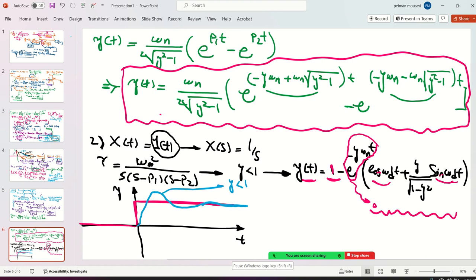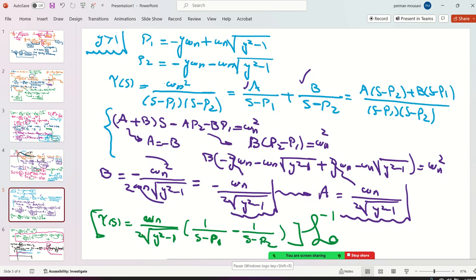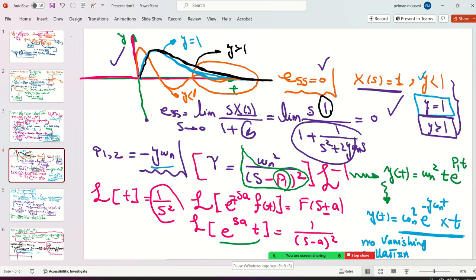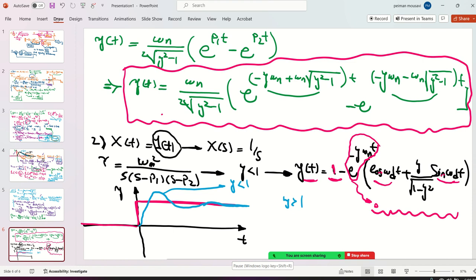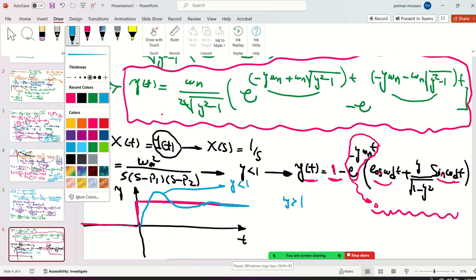If you go to the overdamped system, I don't want to derive it. I just want to show you, because based on what I taught you in the impulse, you see that for the overdamped system and critically damped system, there is no oscillation. But what is slower?